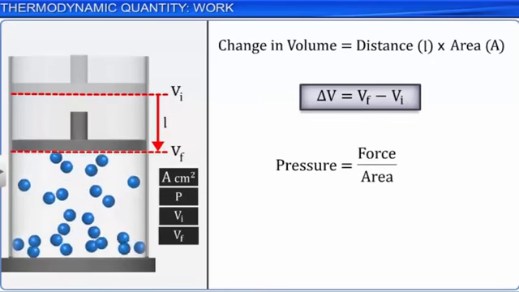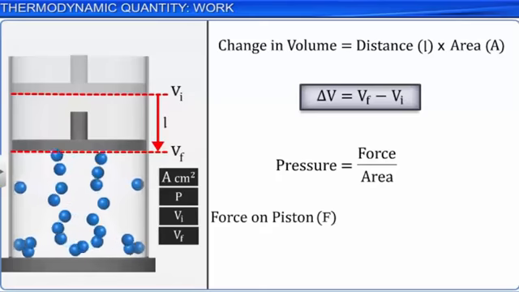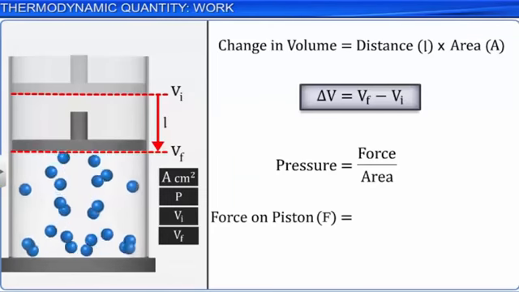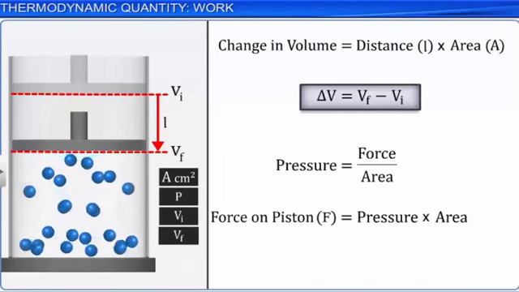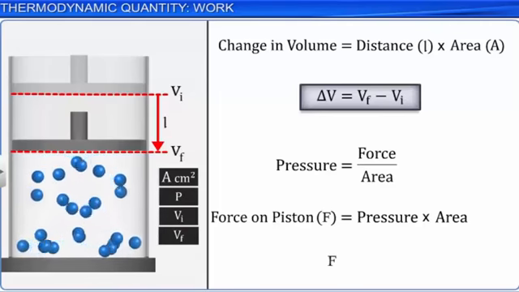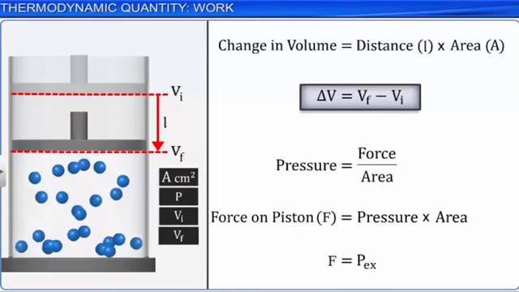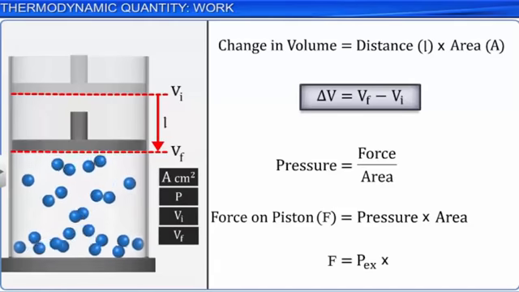Hence, the applied force F on the piston equals pressure multiplied by area. That is, the applied force F equals external pressure PEX multiplied by the area of cross-section A.